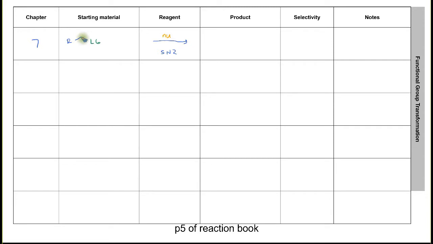So this is wedged, and other things that can be here are a benzyl with a leaving group, an aryl leaving group, or allyl, sorry. And then you have the primary or secondary.